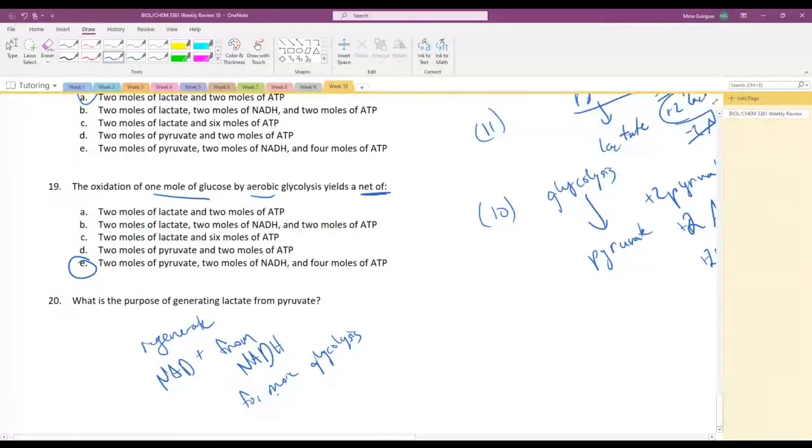And this is only done under anaerobic conditions, because first of all, we need aerobic for the electron transport chain. Second of all, under anaerobic conditions, it means we're not getting a ton of oxygen. We need a ton of energy because we're most likely doing something athletic or something that requires that energy, which is why we're out of breath. So as a result, we need that glycolysis.